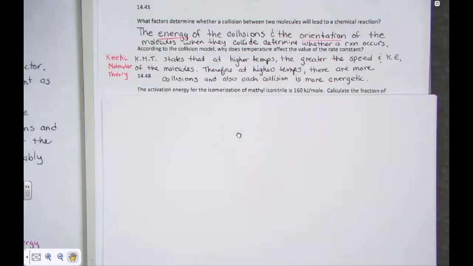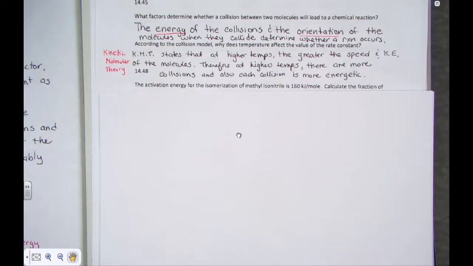And if they have a greater speed, they have greater kinetic energy, so more molecules are going to meet the criteria of getting over the energy barrier, the EA, activation energy. At these higher temperatures, the molecules are just more energetic, so the collisions are more successful, increasing the rate of a reaction.